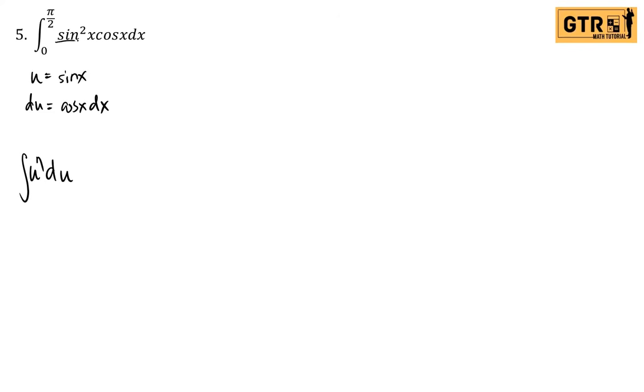This will be our u, sine x, the n will be 2, and this is the du. So we have a direct formula: just add 1 to the exponent, so the integral is sine cubed x over 3 from 0 to pi over 2.